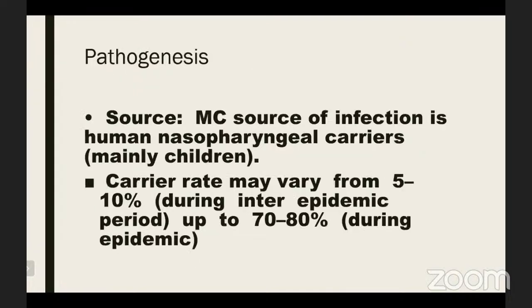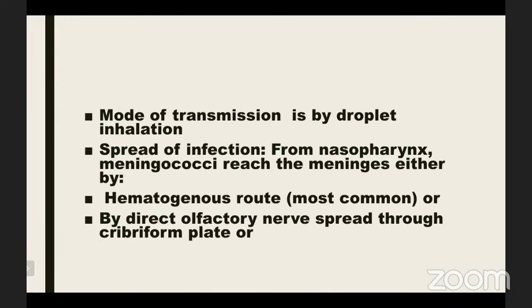Next one is the pathogenesis. Most common source of infection is human nasopharyngeal carriers. Mainly the carriers are children. The carrier rate will vary from 5 to 10 percent during the inter-epidemic period and up to 70 to 80 percent during epidemic. Mode of transmission is mainly by droplet inhalation.